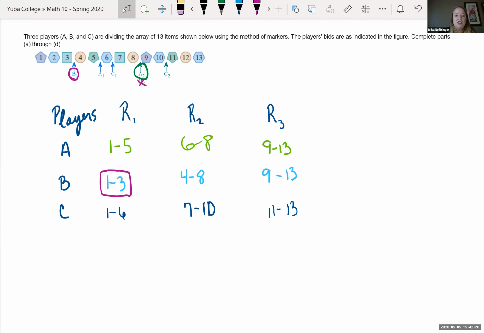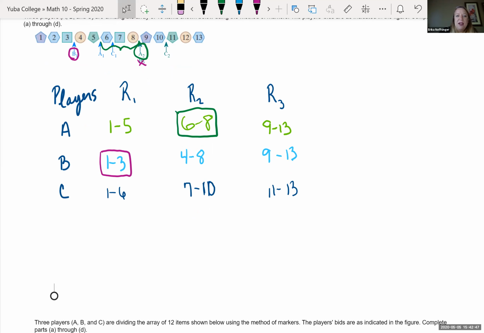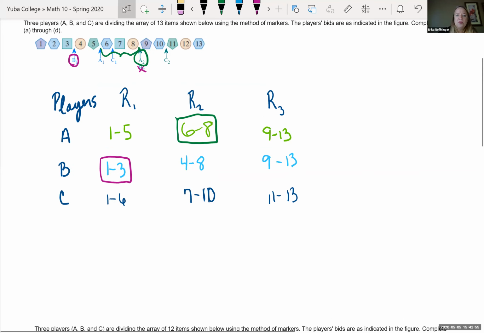Be careful, because notice what they told you for round 2 was a fair share, just 6 to 8, and so they get 6 to 8. But notice there are some items that were not taken: items 4 and 5. So we're going to have a surplus of some items.